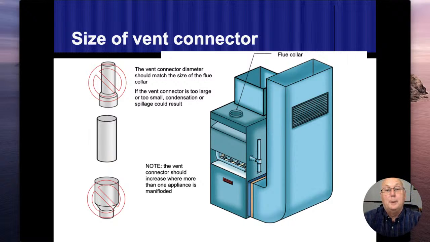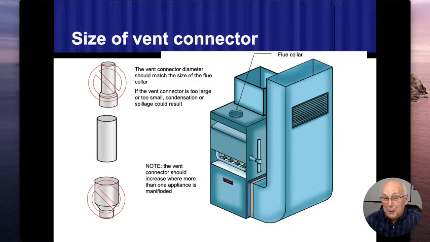Vent connectors as we come off the top. Now, people have enlarged and reduced these pipes, and there's some manufacturers that do allow for it, and the only way you're going to know that is by finding the installation manuals. But as far as a good general rule of thumb is concerned, they should be the same size as what's coming off of here.